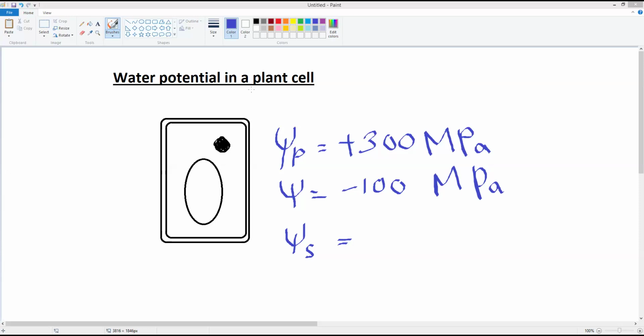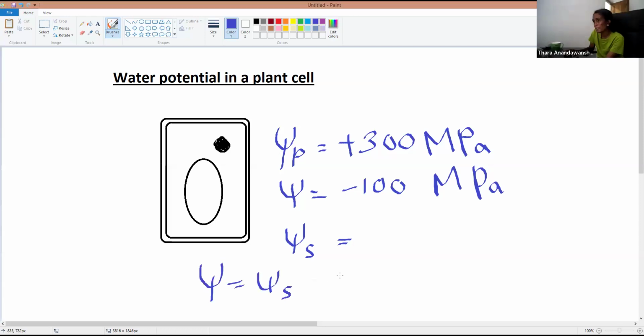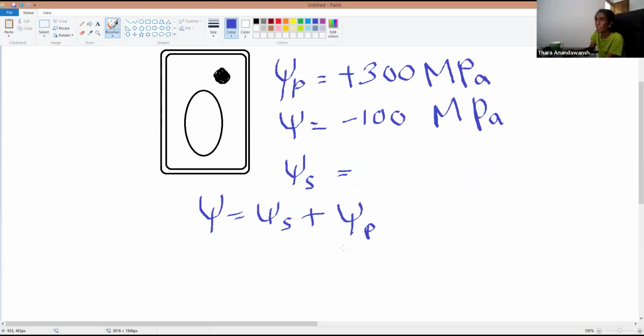Finish with it? Yes, teacher. Right. The equation: psi equals psi s plus psi p. This should be there, right? This is one of the major things that should be there. The given values are psi p and psi.